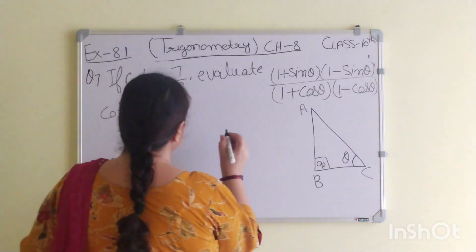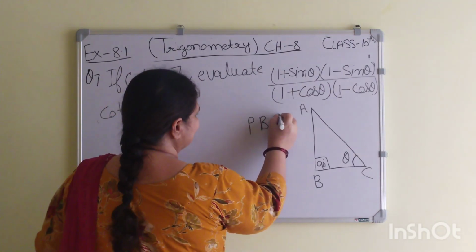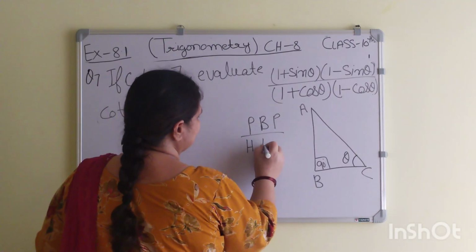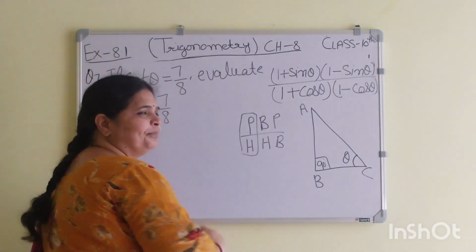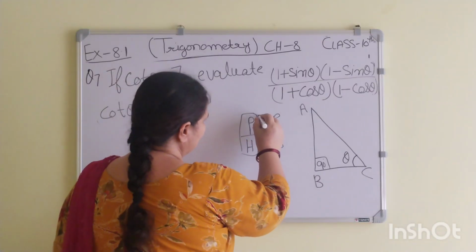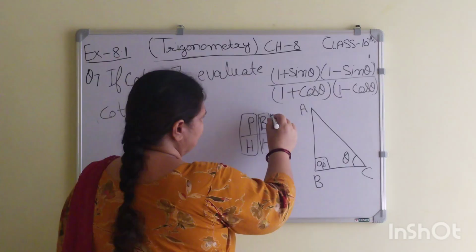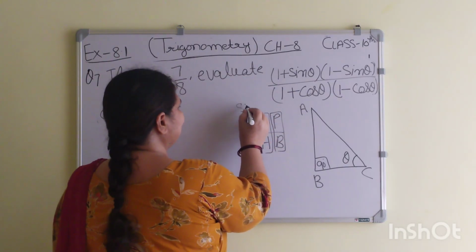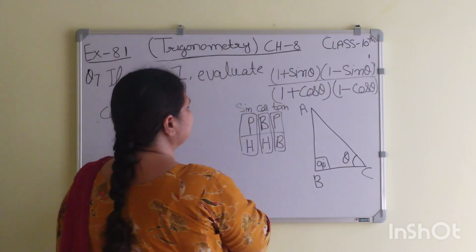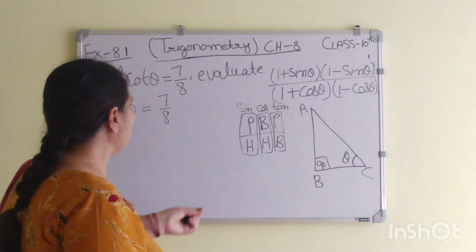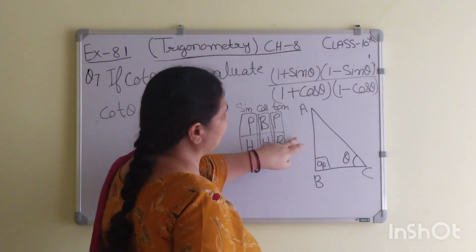Here, students, remember this for sin theta, this is for cos, and this is for tan. Sin, cos and tan. Then cot is the opposite of tan.